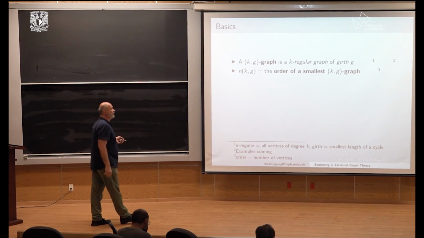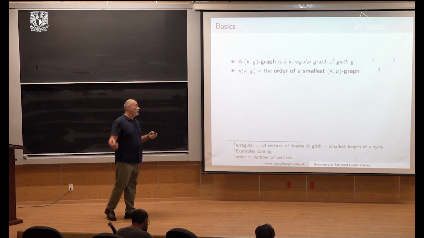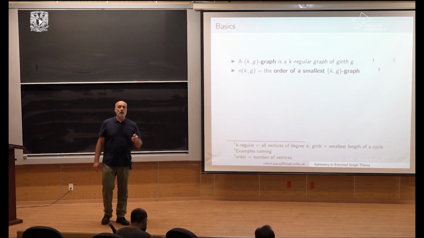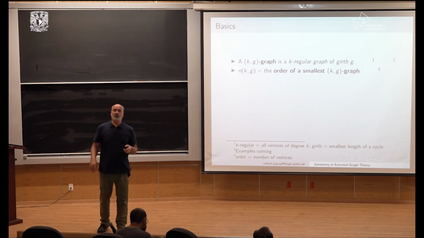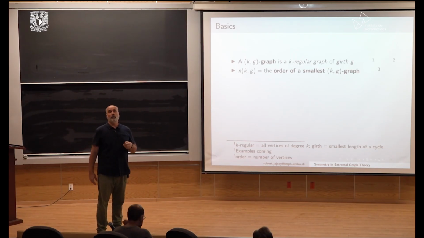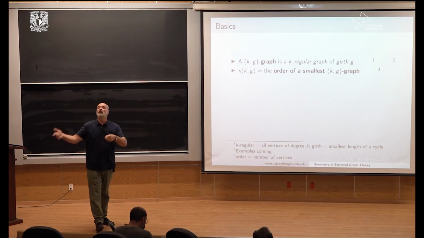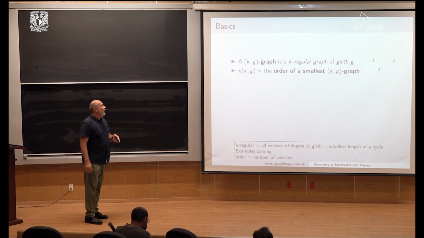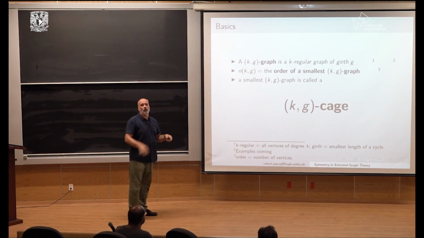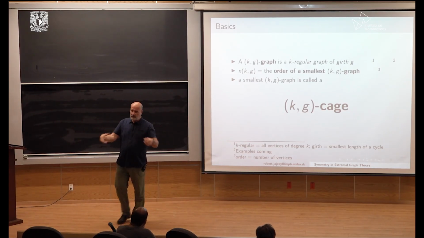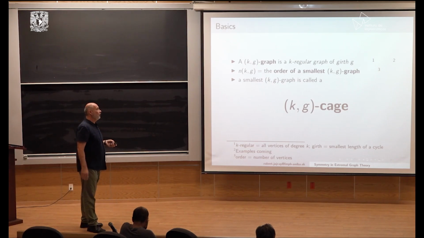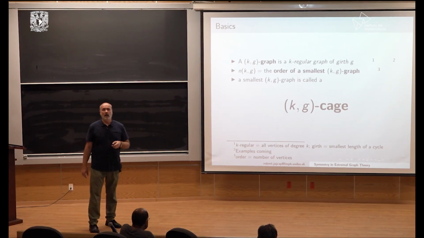So we'll be interested in graphs of degree k and a given girth g. And now comes the extremal part: we will be interested in graphs of the smallest order for these requirements. These graphs that have the smallest order, the minimum possible number of vertices, are called (k,g)-cages, yeah?